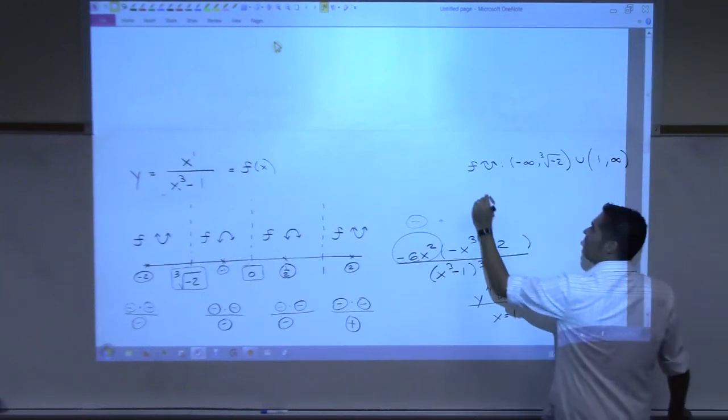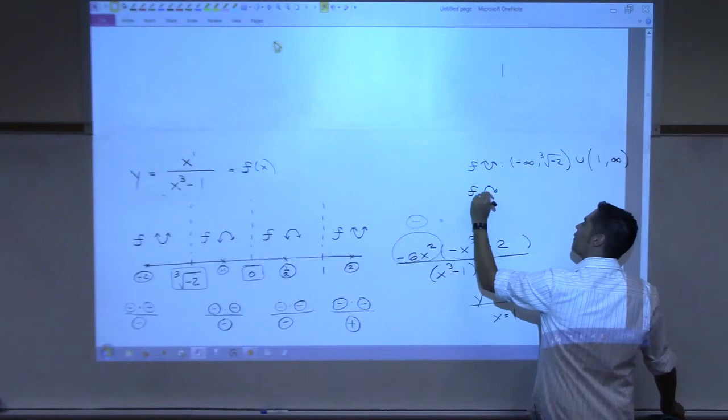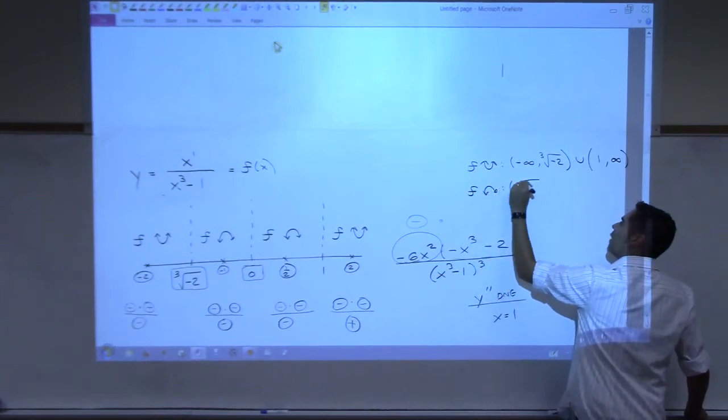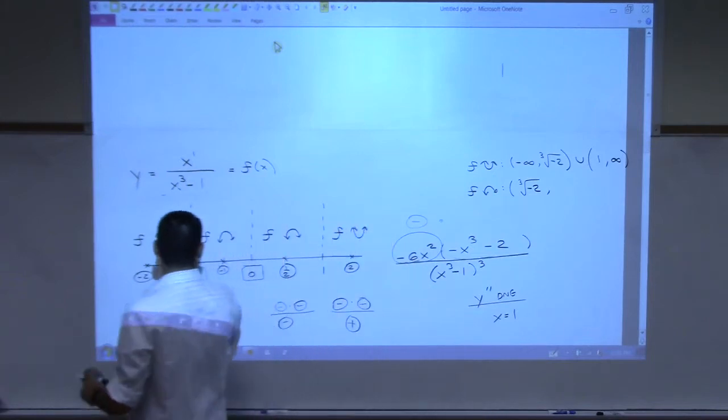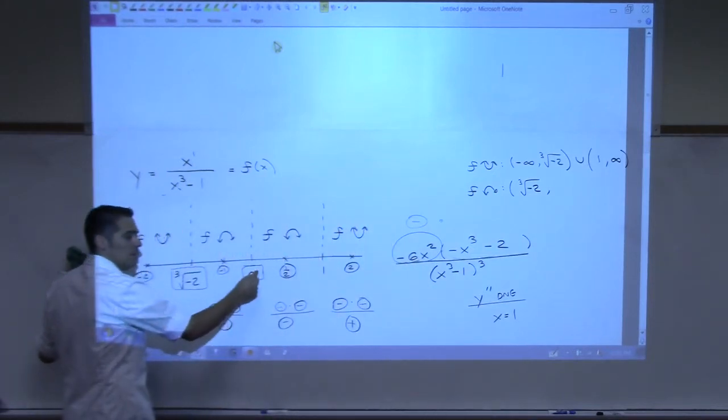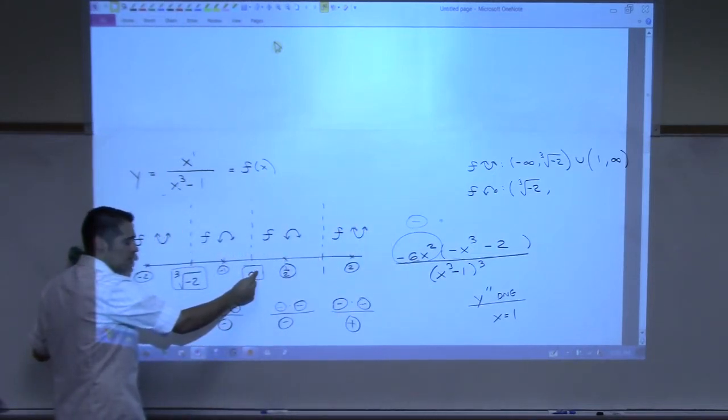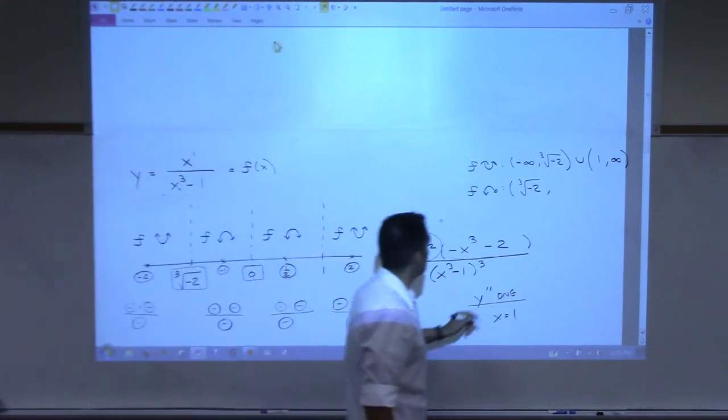Where is F concave down? Cube root of negative 2 to where? Cube root of negative 2 to 1. We don't need to jump over 0, because 0 is part of our domain, right? So we can just go right out to 1.